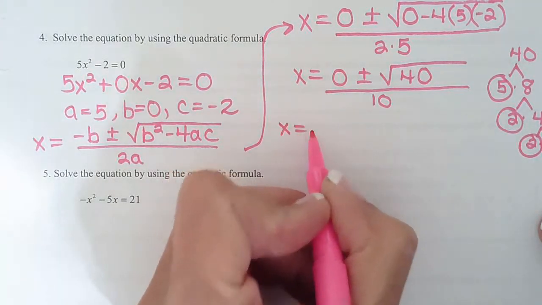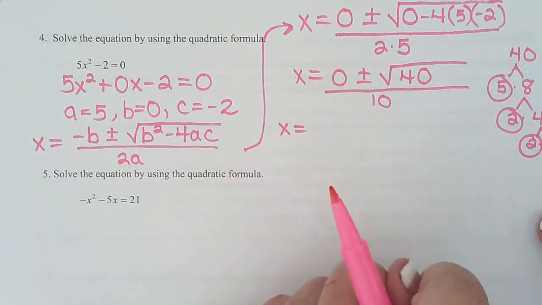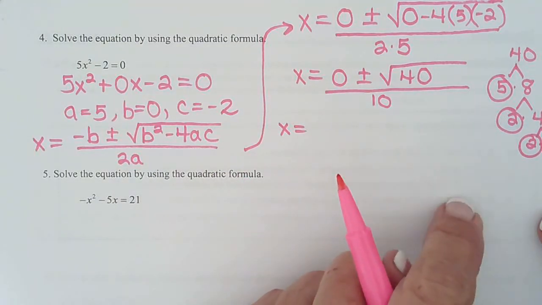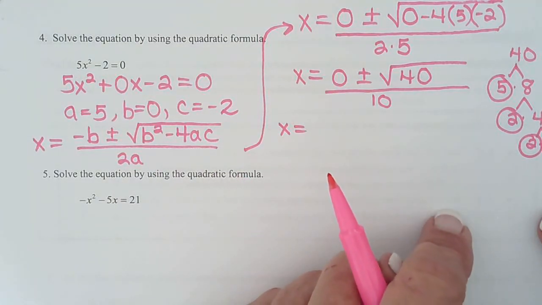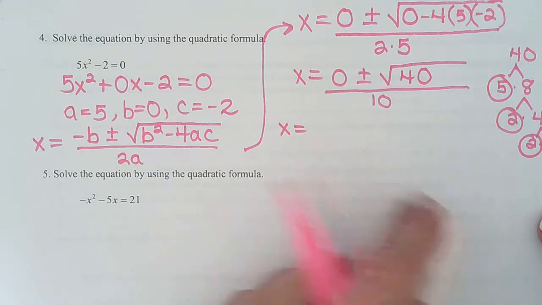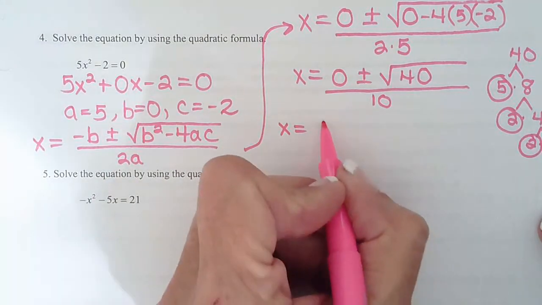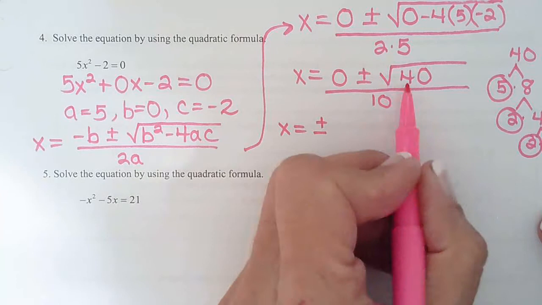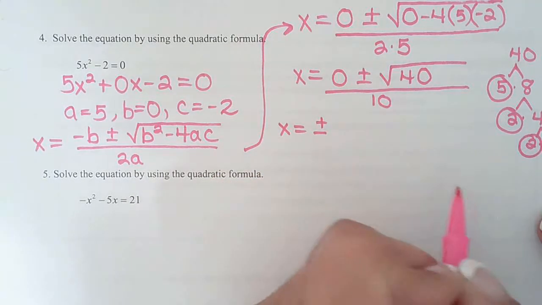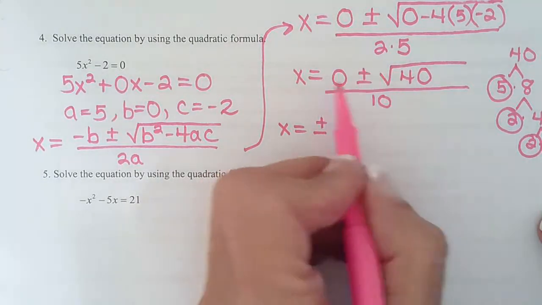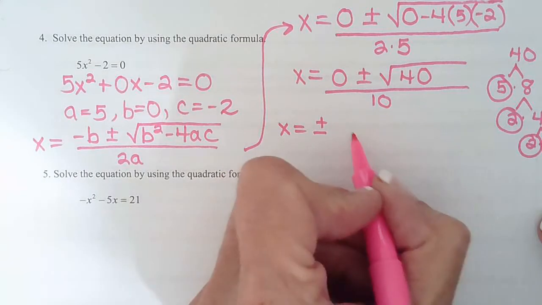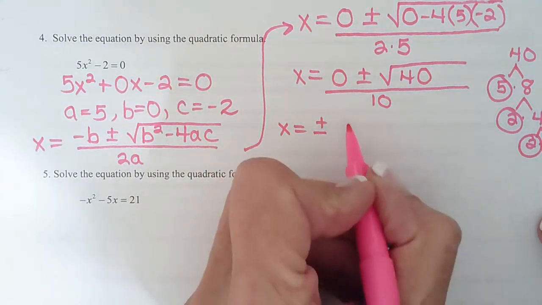So x equals, so do we need that 0 there? Is 0 plus something or 0 minus something 2 different answers? No, 0 is not going to affect it, so we can just go straight to plus or minus, because when you add 0 to something, you get the same answer. When you subtract 0 by something, you get the same answer. So we can just drop that 0 off.